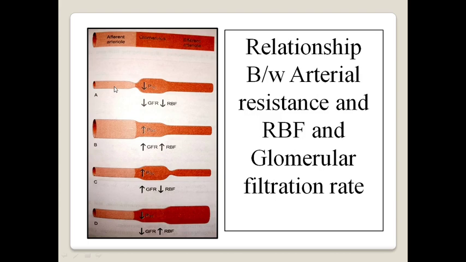Because of that kind of response, suppose systemic blood pressure is increased, so these blood vessels feel more and more stretch on their wall. What will happen? These smooth muscles in the wall of the afferent arteriole will start contracting and decrease the diameter. So suppose systemic blood pressure is increasing, but renal blood flow is maintained.